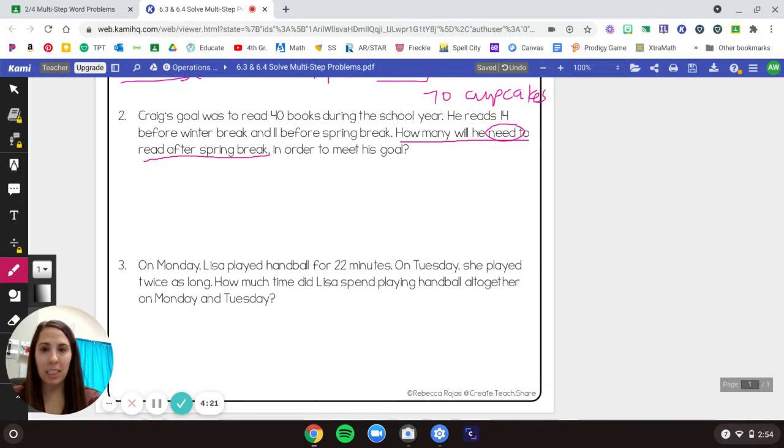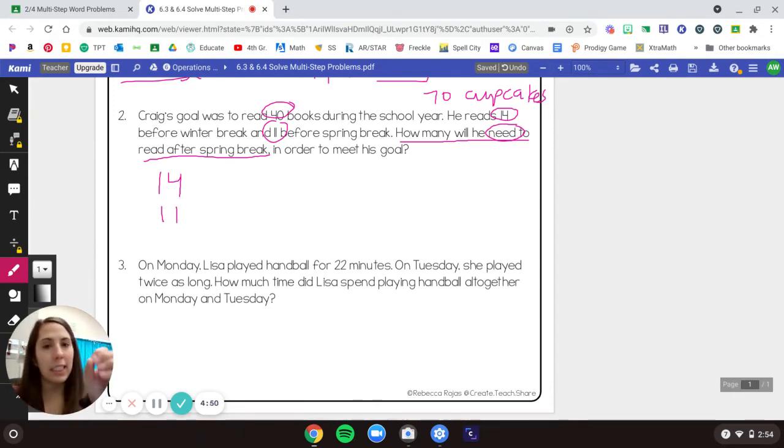We know he's missing some because he doesn't have all of them, right? He wants to read by the end of the school year, during the year. But we know he's read 14 and 11 already. And his goal was 40. So 40 is kind of our big. And we know he's read 14 and 11. So how many books has he already read?